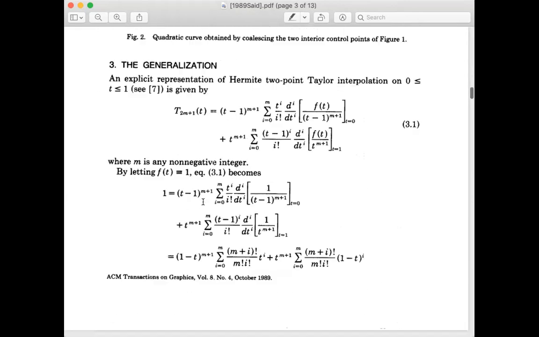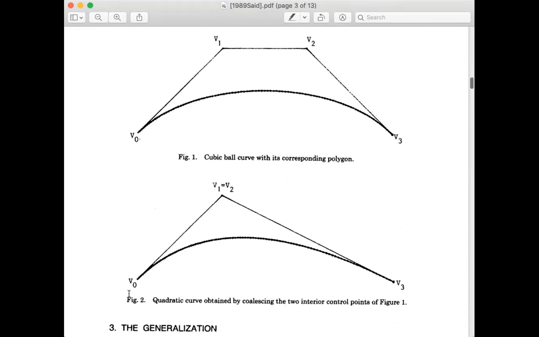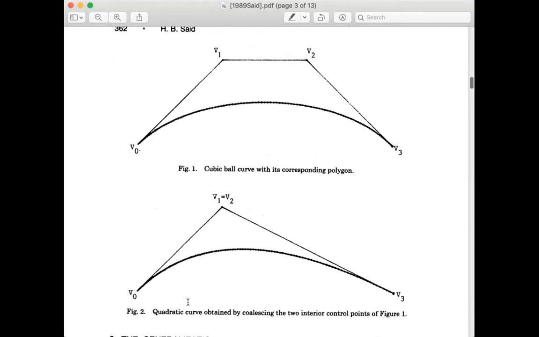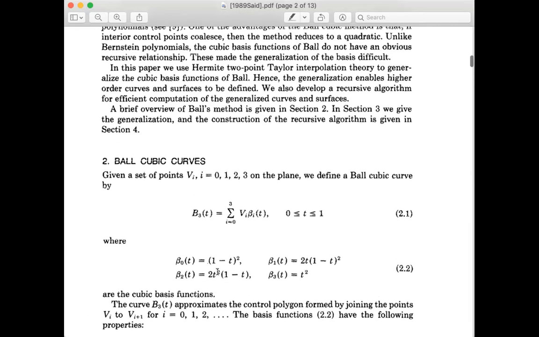If you want a quadratic Ball curve, meaning a curve of degree 2, you can combine beta 1(t) and beta 2(t) by adding them, and you can come up with the polynomial in between. We can start from beta 0 equal to (1 minus t) squared, and beta 3(t) is equal to t squared.